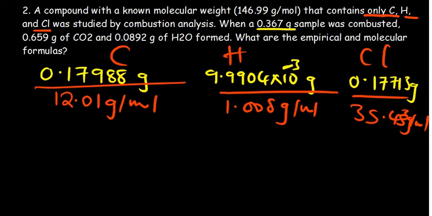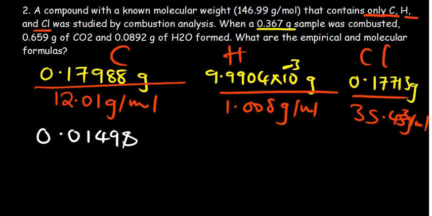Okay, so we can quickly divide to get the number of moles, just like we had done from the previous example. 0.17988 divided by 12.01 gives 0.01498 to 4 significant figures.